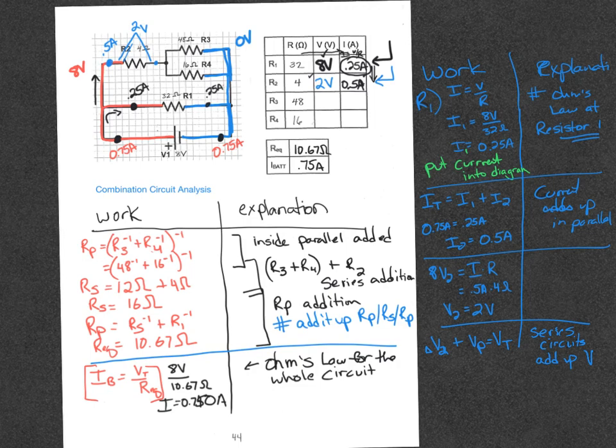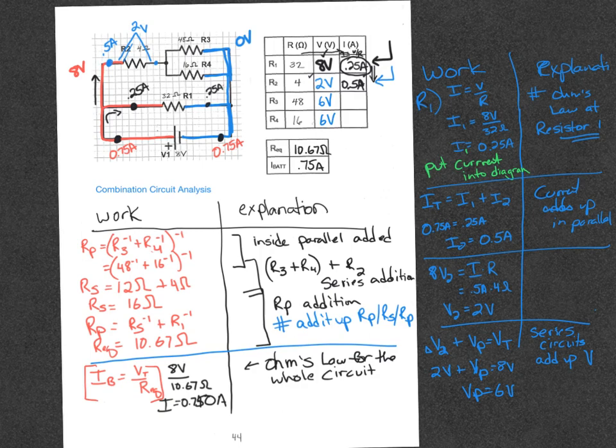We know that V2 is 2 volts. We don't know the voltage parallel. Equals 8 volts. And I think that's actually pretty easy to spot, even without a calculator. You have 6 volts remaining. And that's going to be 6 volts for both resistors in parallel.